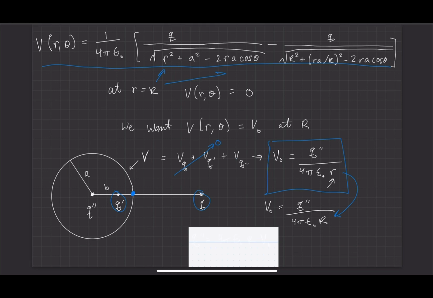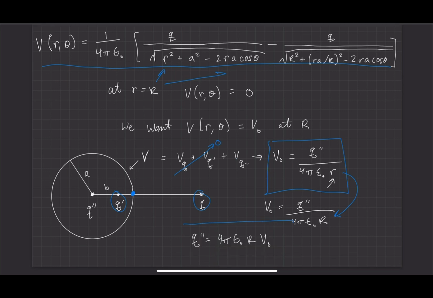And since the problem is asking us for the charge, we can just solve this equation for q double prime, and we're left with this. So whatever potential we want on the surface of that sphere, we can just put it here, and we can figure out what charge we want at the center. So that's the first part done.